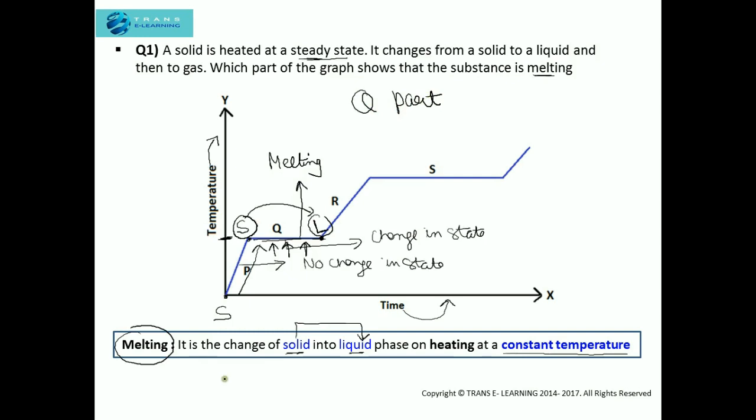Before proceeding to the next question, I would like to mention that for this question and all other questions in this video, when we are talking about this point where the solid changes into liquid, this point on the temperature axis represents the melting point of the substance, and this point where the liquid changes into the gaseous form represents the boiling point of the substance.